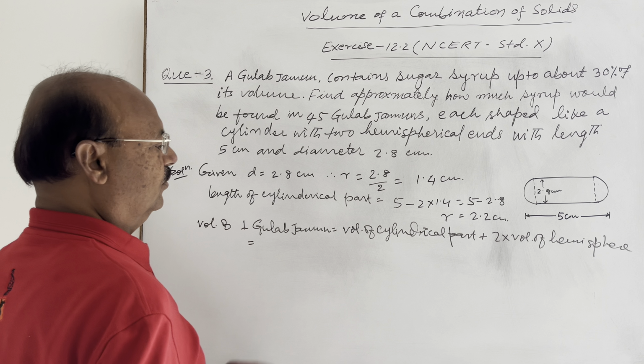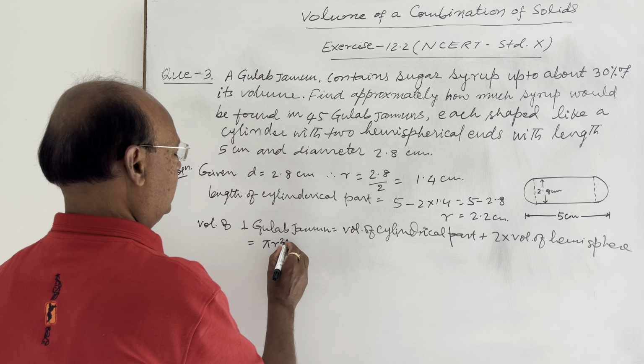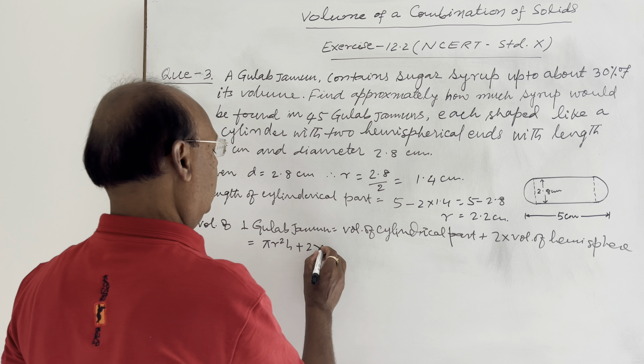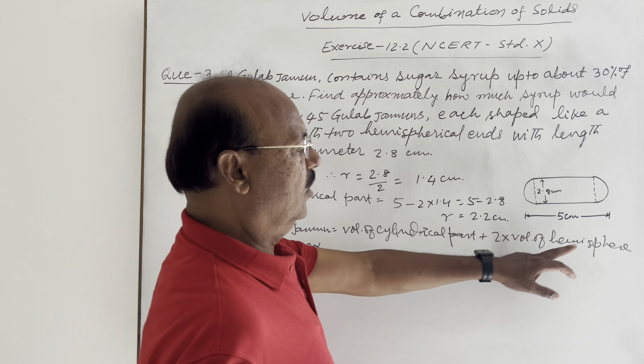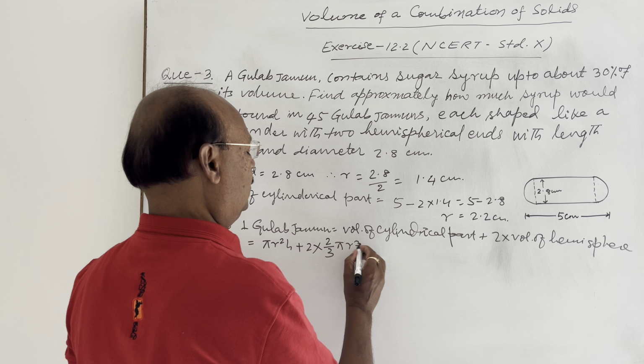And the formula for volume of cylindrical part is pi r square h, plus this 2 into volume of hemisphere is 2 by 3 pi r cube.